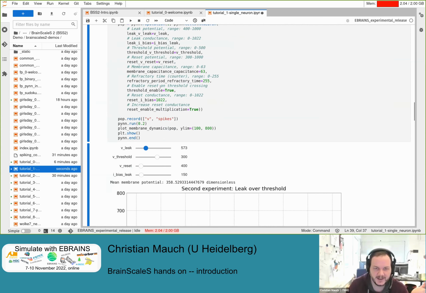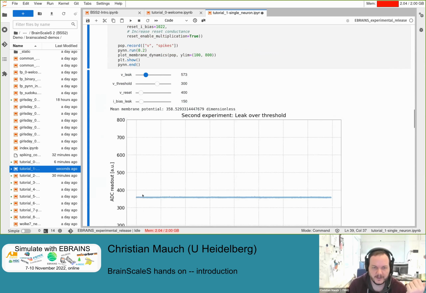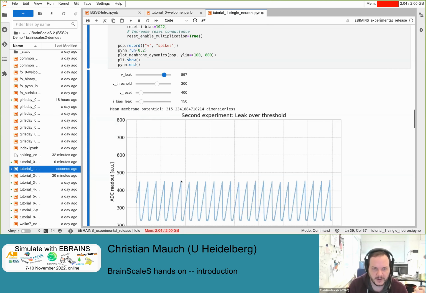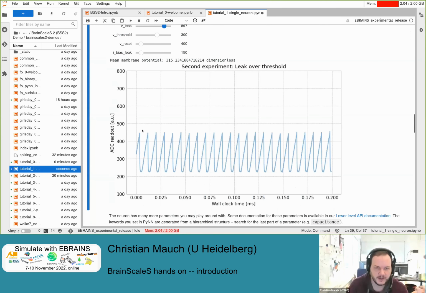Basically, the leak potential is the potential to which the neuron converges in equilibrium. And if the membrane voltage reaches the threshold, the neuron fires. So by design, if you put the leak over the threshold, the neuron will always decay back toward the leak, and the neuron fires. Okay.